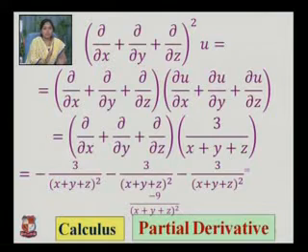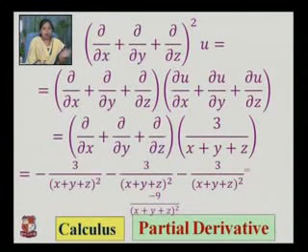So the first factor is del by del x plus del by del y plus del by del z, into the second one, where we multiply u inside: del u by del x plus del u by del y plus del u by del z. We have the value of that, ux plus uy plus uz, which is 3 upon x plus y plus z.